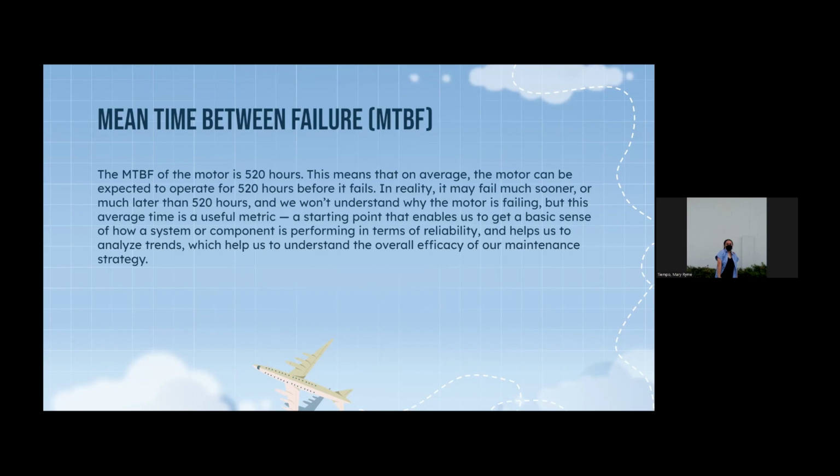But this average time is a useful metric, a starting point that enables us to get a basic sense of how a system or component is performing in terms of reliability and helps us to analyze trends, which helps us to understand the overall efficiency of our maintenance.